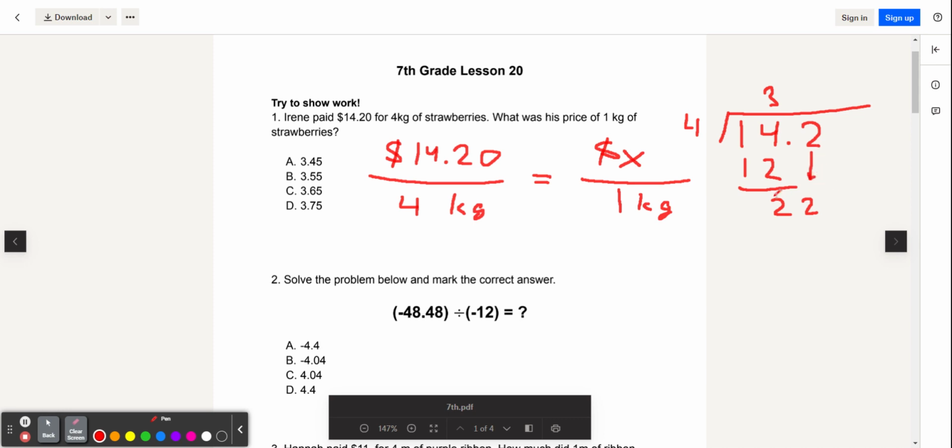The 2 comes down, 4 goes into 22 5 times, and then it goes into 25 5 times again. So if we stick a dollar sign in front of that, we can see that our price for 1 kilogram is $3.55.